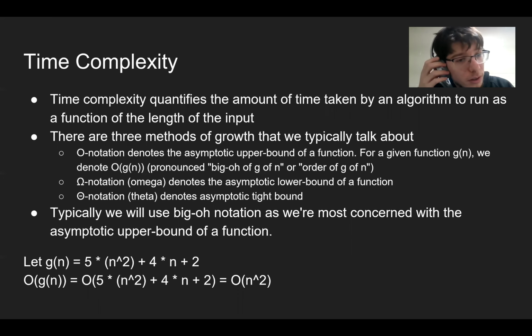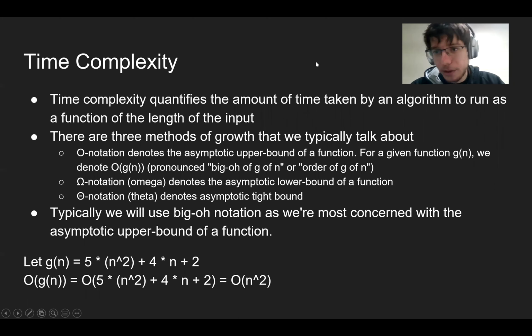So the first thing is time complexity. As many of you may know, I think we covered it in program 1 and program 2. It is a way of quantifying the amount of time an algorithm will take.